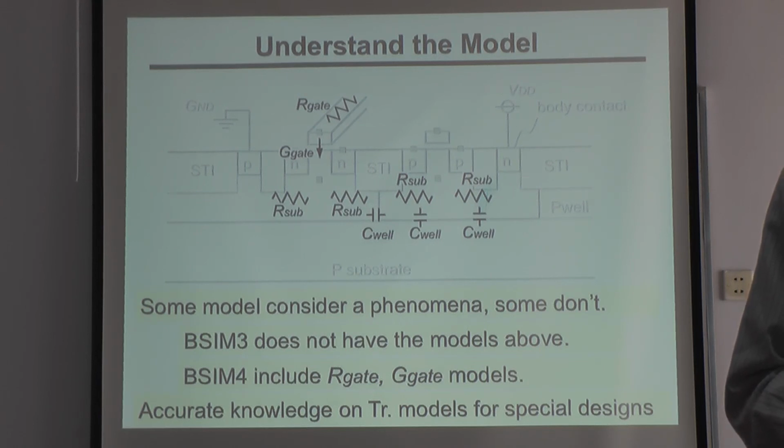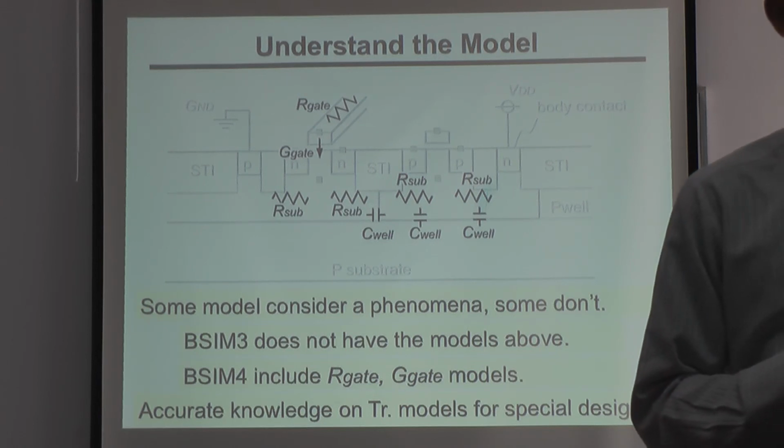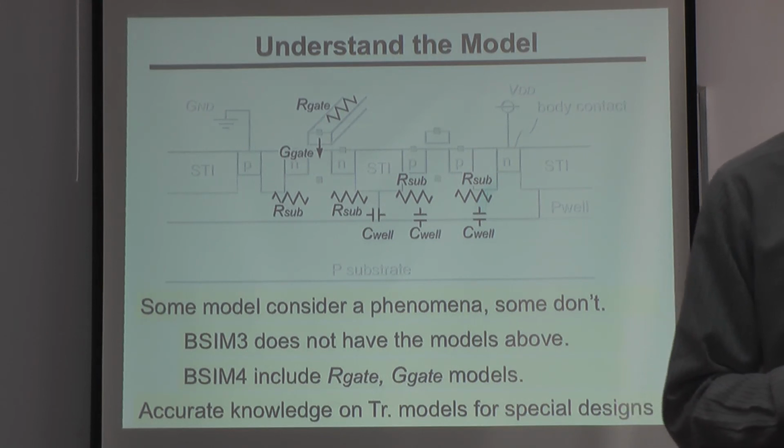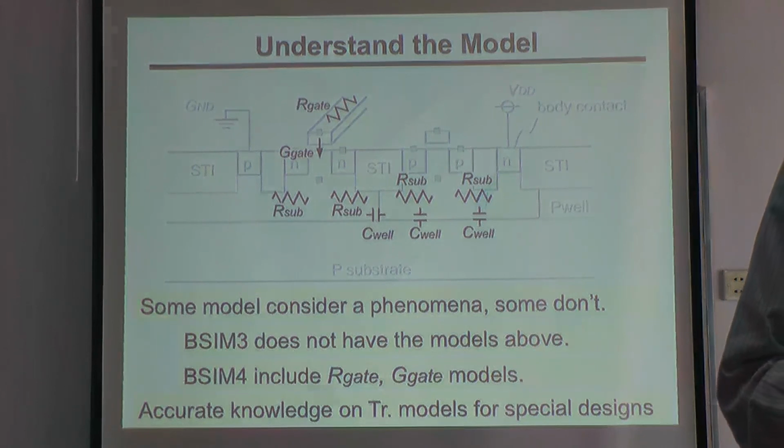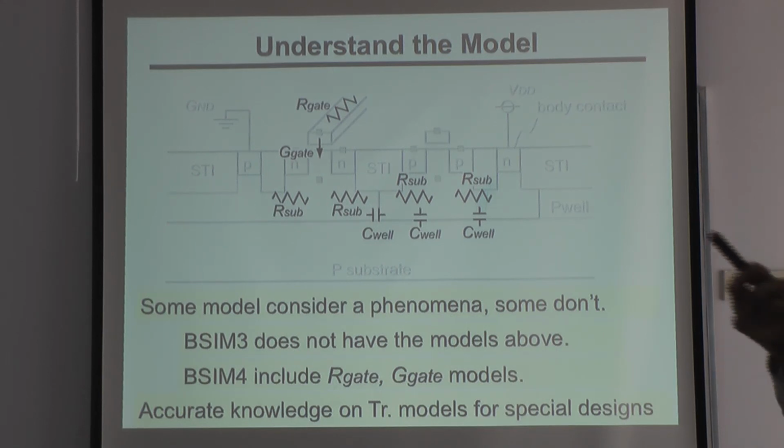Just to explain, as I said, in advanced CMOS technology, if we use BSIM3, we don't have to consider the gate resistance or the leakage from the gate to the channel. If we have to consider the high frequency, we focus on the gate resistance. Yes. So if we focus on the low power, what kind of resistance will we focus on?